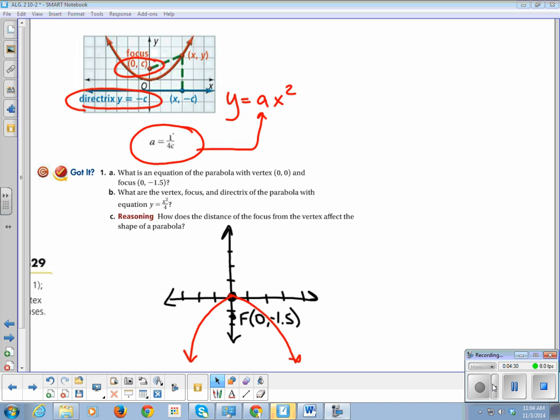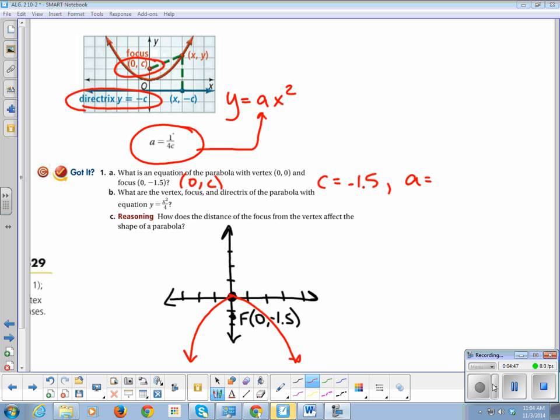So when we put the equation together, the focus is at 0, c, and in this case, c is -1.5.